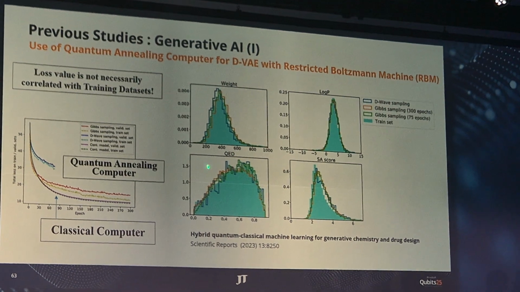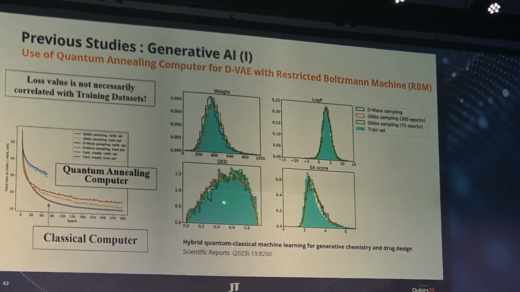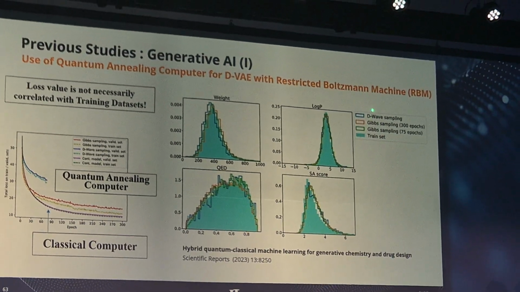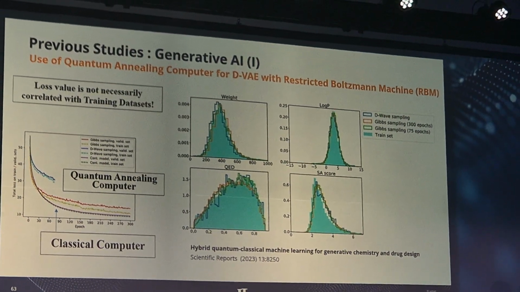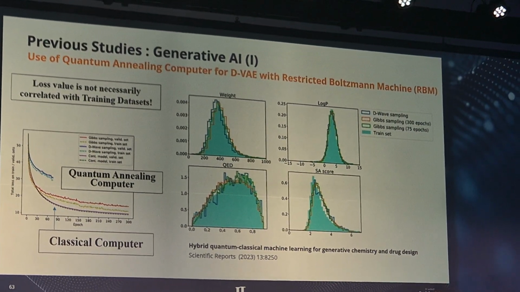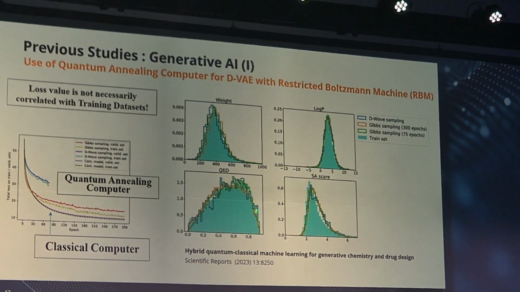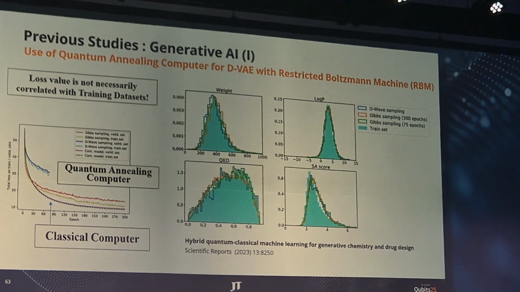Let's focus on the QED score distributions. The green part is corresponding to the training data set, and cyan blue are obtained by the quantum computation, and others are obtained by the classical computation. All of them are almost the same, similar to each other. This is amazing.